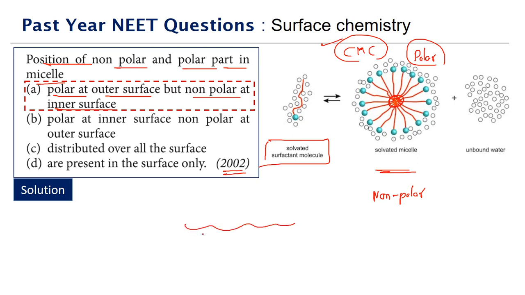Below that, what would happen is all the non-polar part will be projecting outside. So this is the non-polar part, and the polar part will be inside. So this is how, below the critical micelle concentration, the particles of the electrolyte rather will be staying.